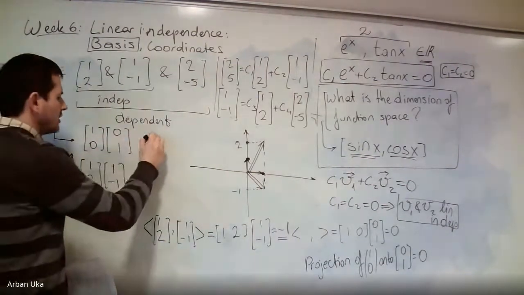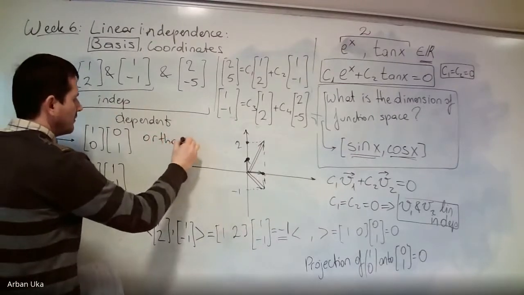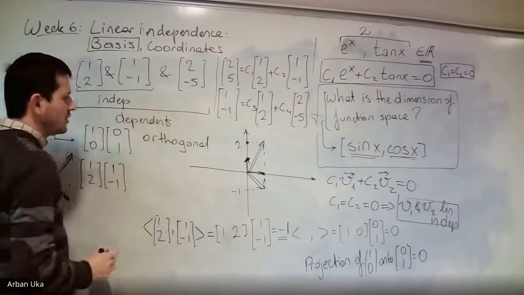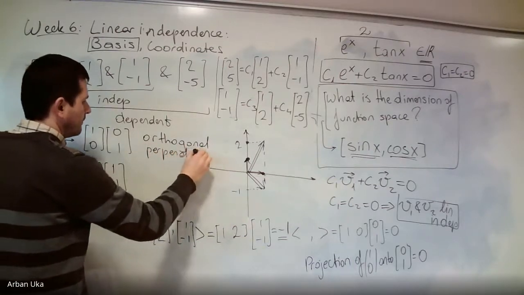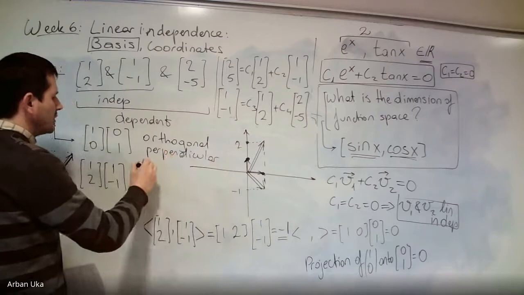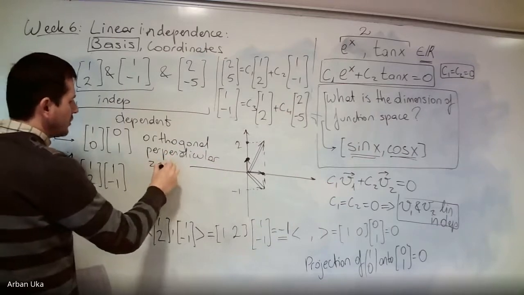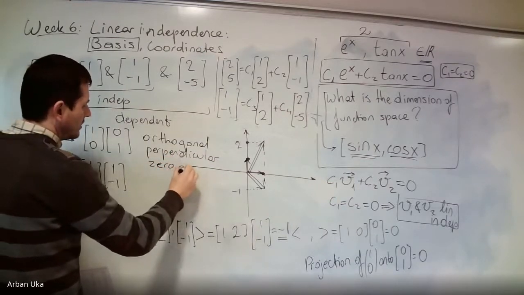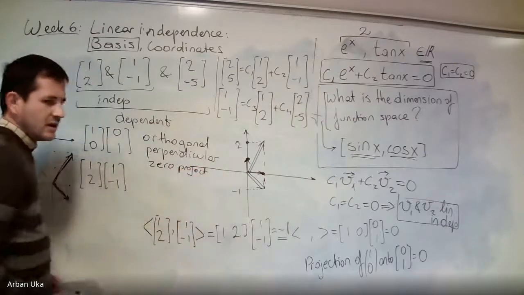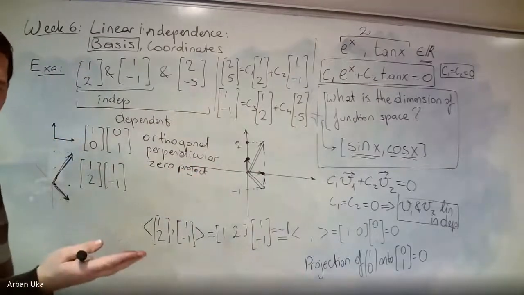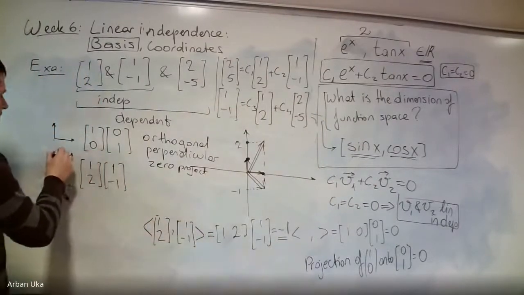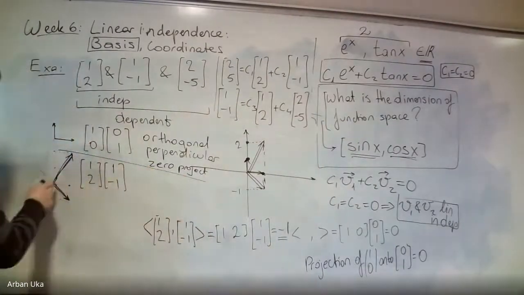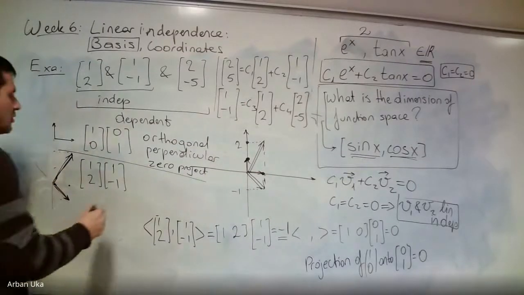It is orthogonal. Orthogonal means perpendicular, which means zero projection onto each other. Would you agree? So the projection of one vector onto the other direction is 0. This is orthogonal. Here we have another basis which is non-orthogonal.